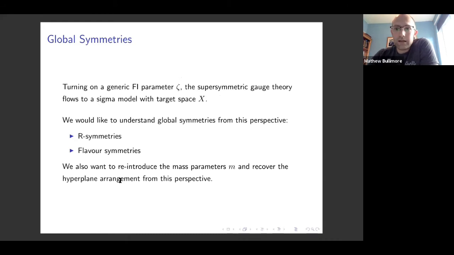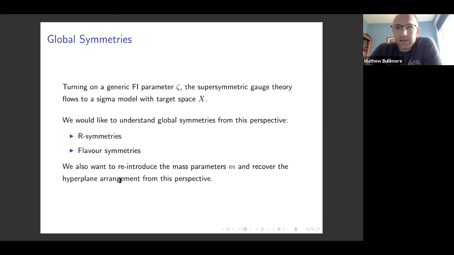So physically, if I set the masses to 0 and I turn on a generic Fi parameter, what's going to happen is that the theory will flow to a sigma model whose target space is the Higgs branch, this space X. So it's a theory of maps from space-time into X. And I'd like to try to understand how the global symmetries are realized in this sigma model. So in particular, there's the R symmetries, and there's also the flavor symmetries.